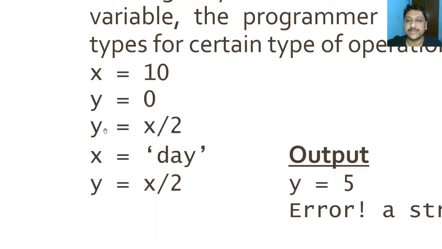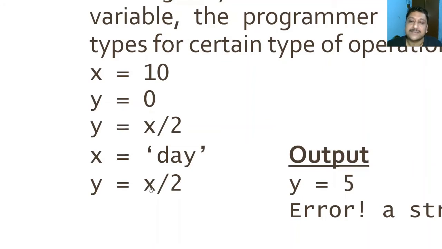Numeric type, then numeric type, there is no problem. Now x is defined next time, in place of a numeric value, this time a string type of value is given, 'day' within single quotation marks. Then this is legal, it will assign the value of x as day. But in the next statement, y is given x divided by 2.